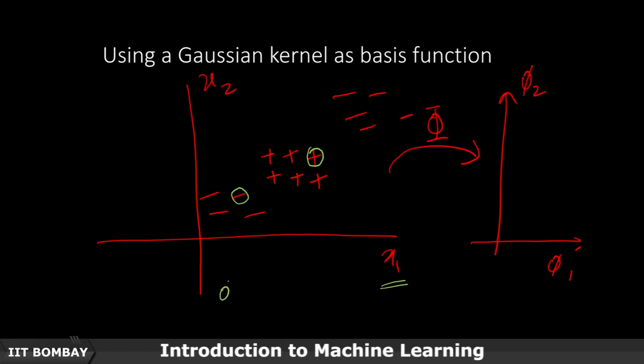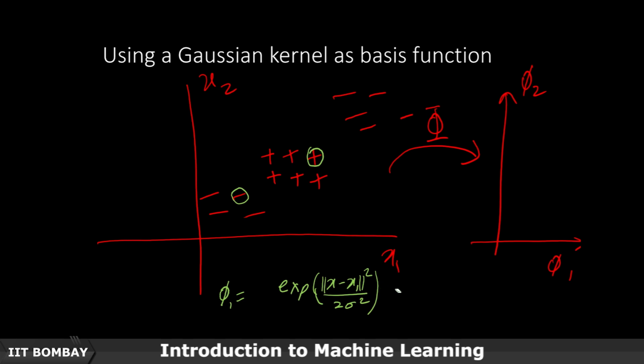So let's say your phi1 is going to be exp, so it's a Gaussian kernel of x minus x1. Okay, we will take the L2 norm of that, we will square it, and we will divide it by some constant. Okay, so let's call it 2 sigma square. Okay, so this is your first feature.